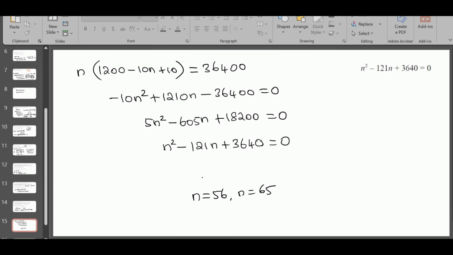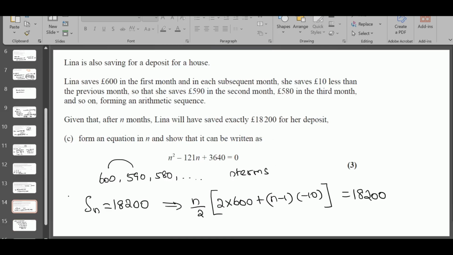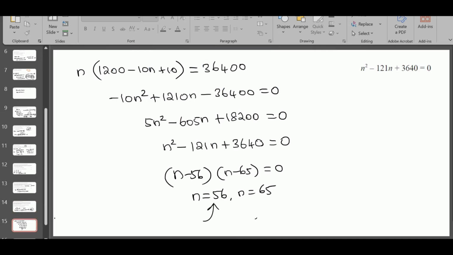Now you can write n minus 56 times n minus 65 is equal to 0. You will get two positive values if it's a decreasing sequence. You see here the sequence is a decreasing sequence, right? So you will get the same amount in the 56th month and 65th month also. So the first one is the 56th month.